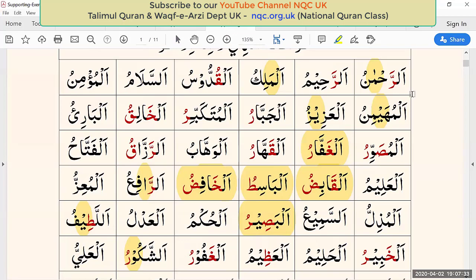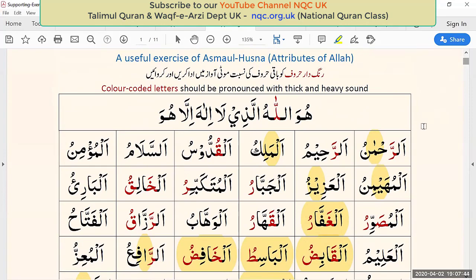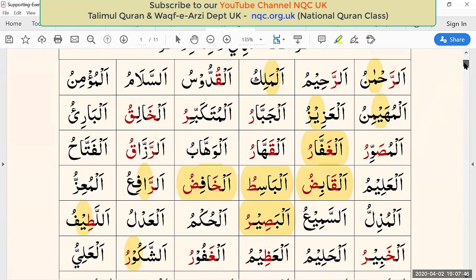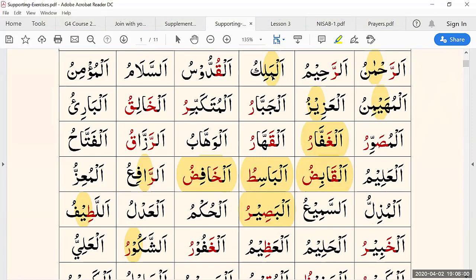So now I would like to ask the students here, these are the attributes of Allah, and this is also from the book Talimul-Quran, 2nd edition. So here I have highlighted meme with the vertical fatha in the attribute of Allah, Ar-Rahman, and then I have highlighted meme with fatha stroke in Al-Maliku.